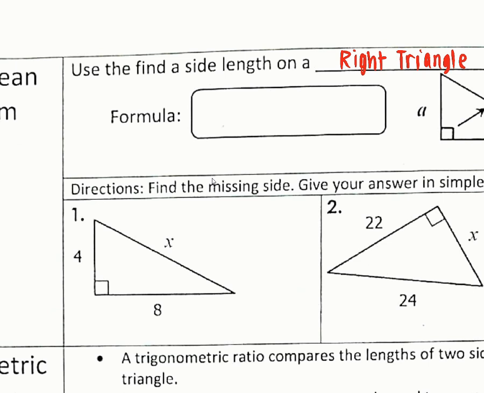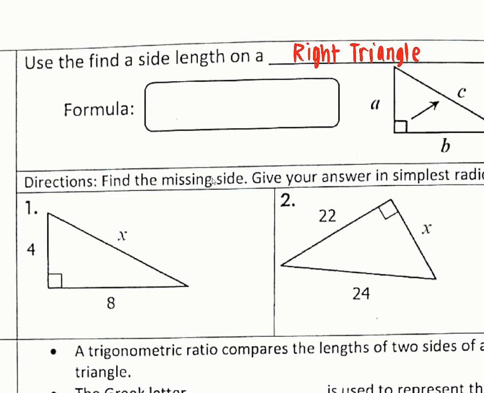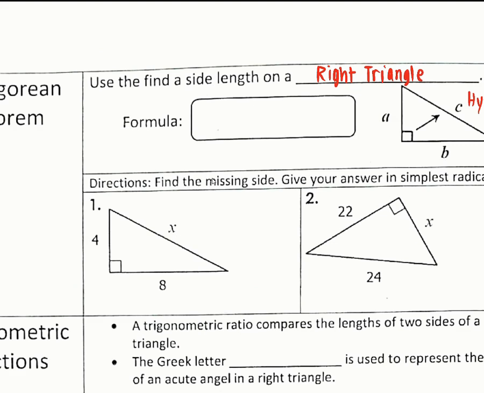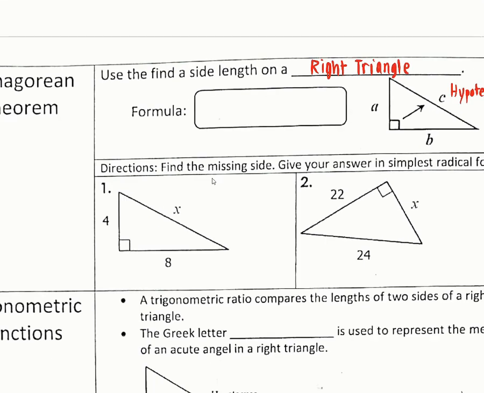So when we're dealing with these right triangles, when we have one angle that is a right angle, we have three sides. Two we call our legs, and then the main one is called the hypotenuse. What do you know about the hypotenuse? Okay, it's always opposite, and I'm going to say it differently than what you said.